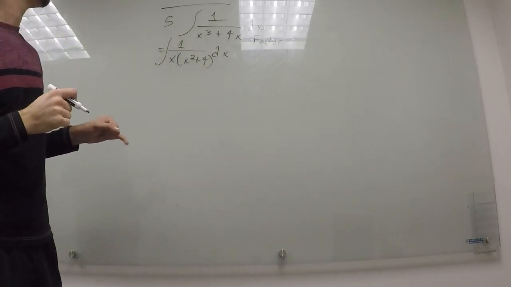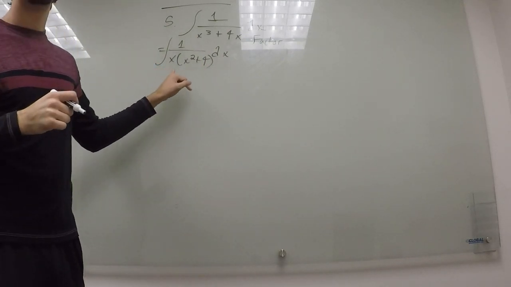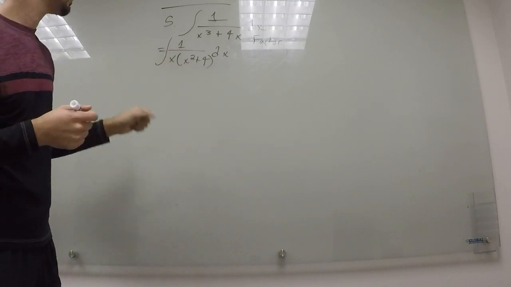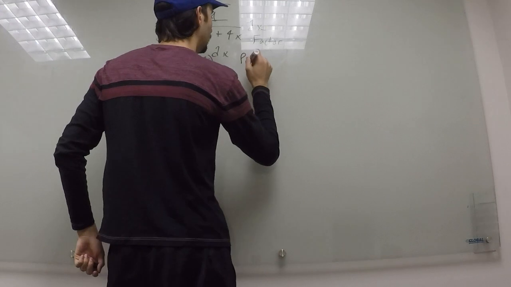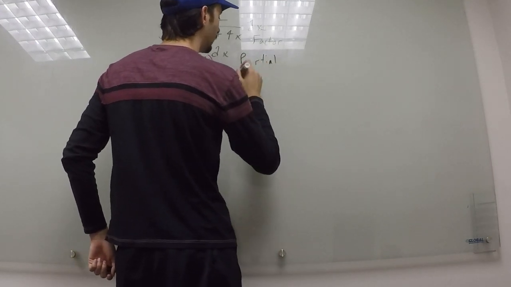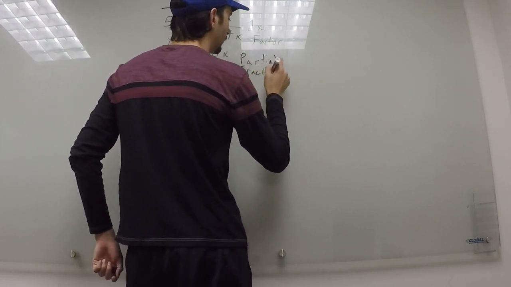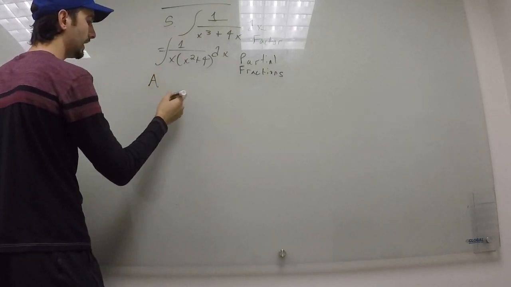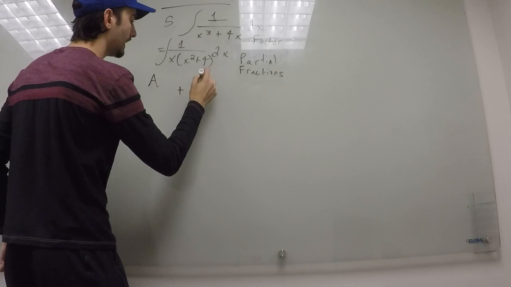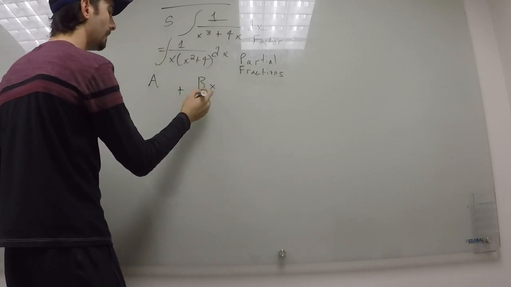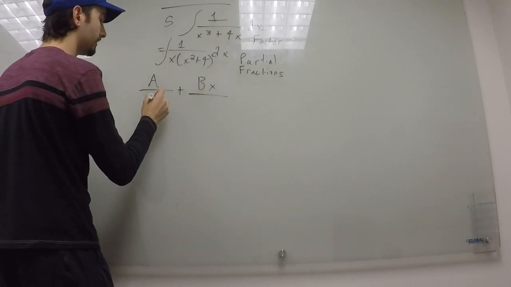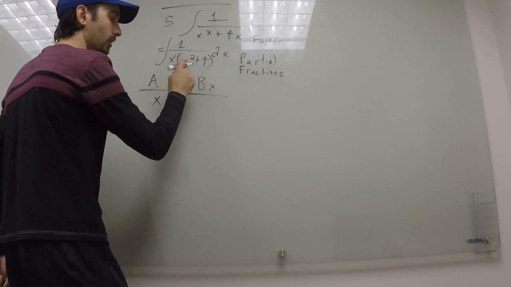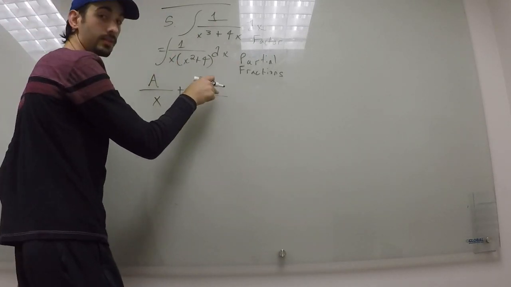Since we have two separate values on the bottom multiplying each other, we're going to use partial fractions. We set our values a and bx, because we have x to the power of 1 on this side and x squared over here, so we have an x on the top as well.